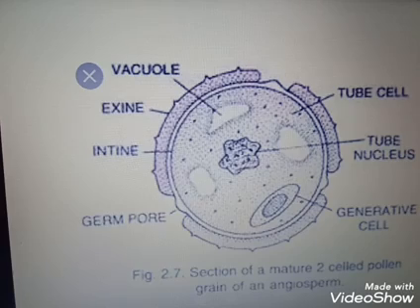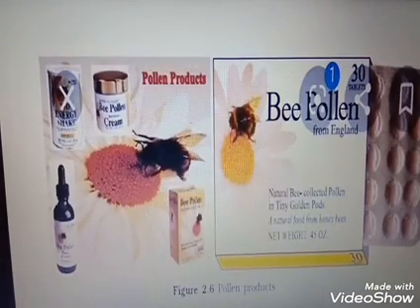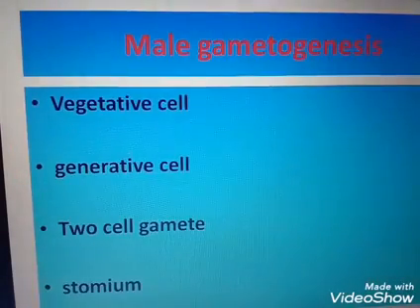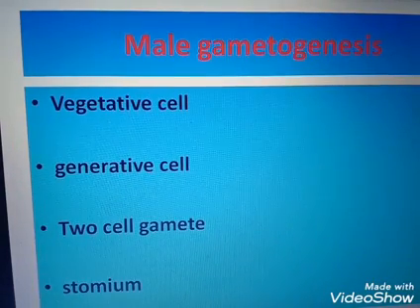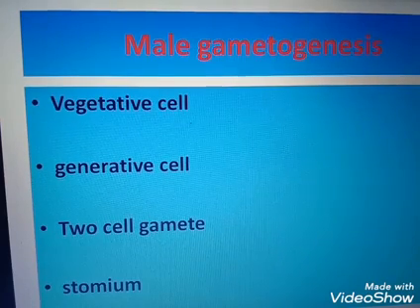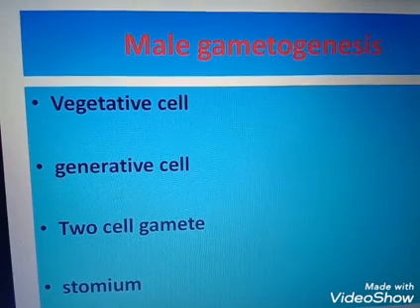Clear? Then we discussed the importance of bee pollen and the pollen products and their speciality. Then I told you that in most cases pollen is shed at the 2-cell stage. In some cases it will be later. Then from the generative cell, the 2 male nuclei or the 2 male gametes will be produced.